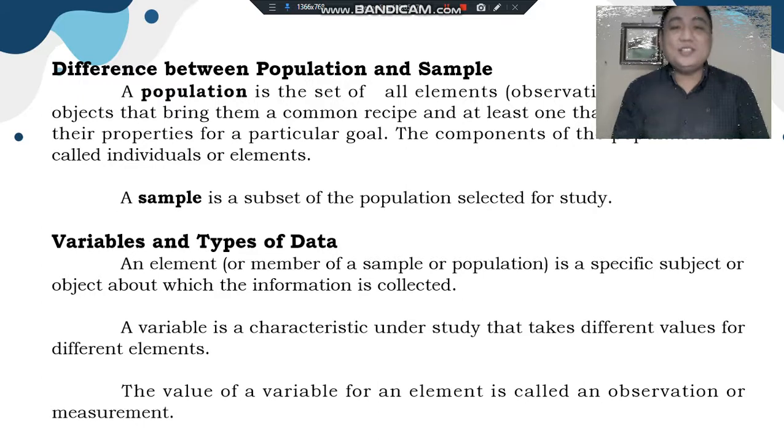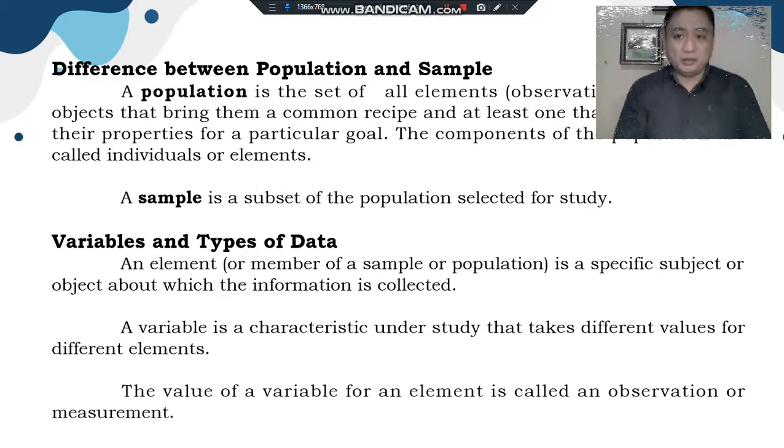Now let's go to the difference between population and sample. A population is the set of all elements or observations that share a common characteristic, at least one property, for a particular goal. Sometimes we are getting data based on less than 100%.